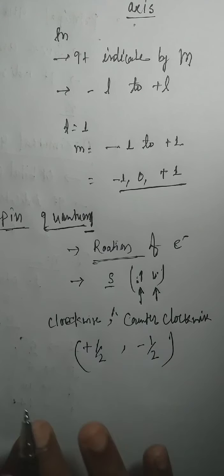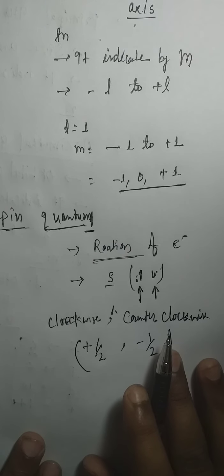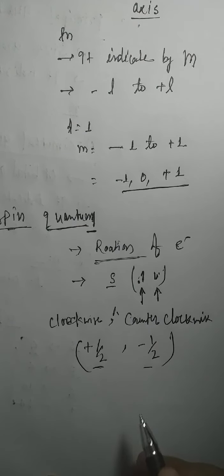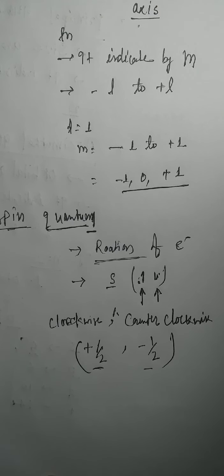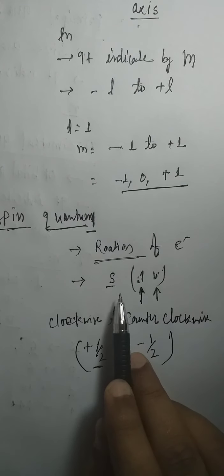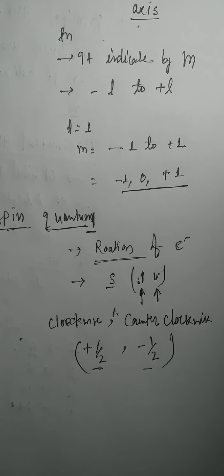There is no further explanation of how we recognize which rotation belongs to which value. So memorize this. It is a different, opposite rotation, talking about the rotation of electrons. Very important. Memorize this idea. This is all about the spin quantum number, spin down and spin up.